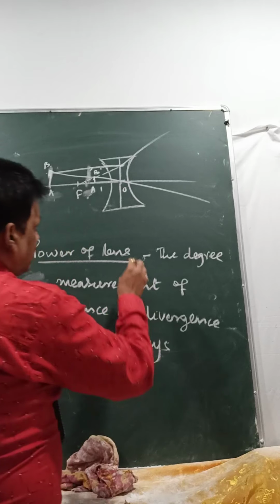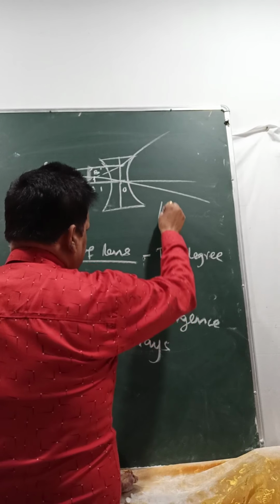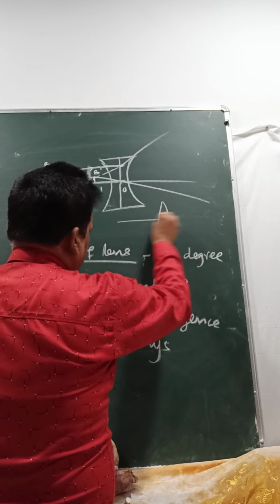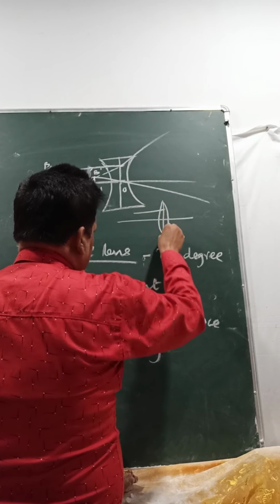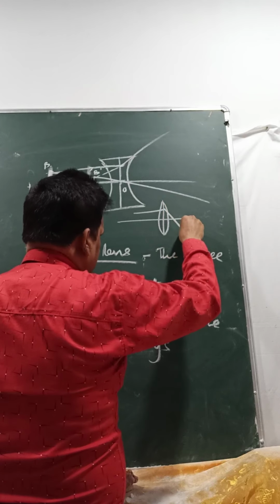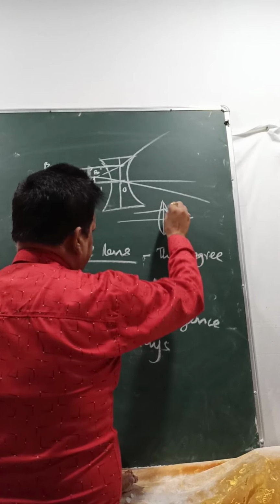It means how much the lens is converging or diverging. Suppose this is the lens here. If there is a ray here, how much it is converging, this angle we have to find out.